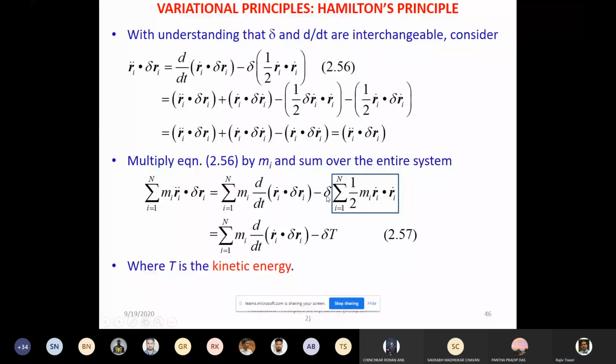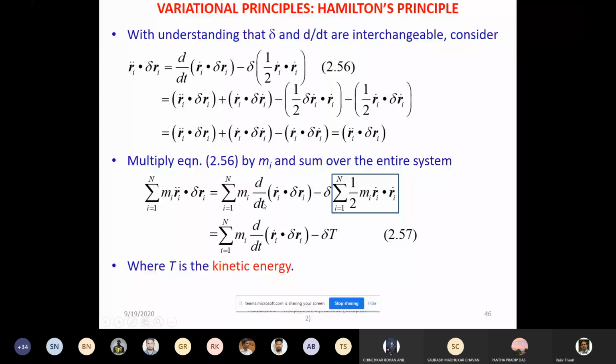Now if you see this within the box, what is this term? Half mass and this is a velocity square. So that is nothing but the kinetic energy. So we can write that as delta kinetic energy. This term I am writing as it is.